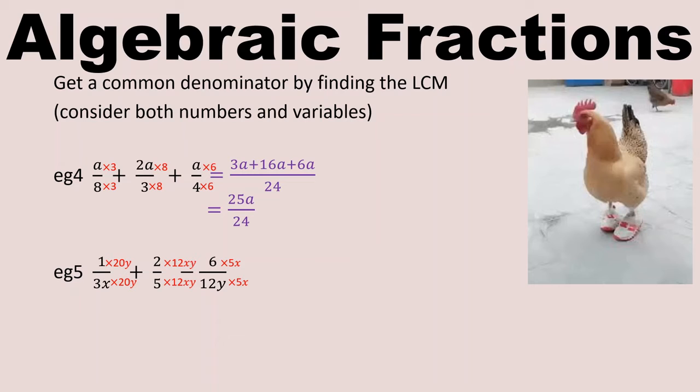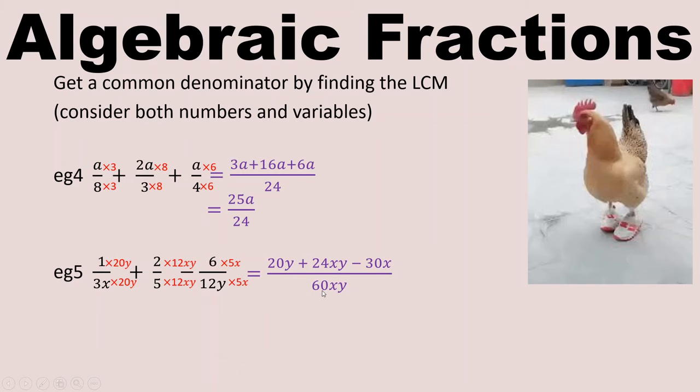And notice I'm multiplying the numerators by the same algebraic expression that I've multiplied the denominators by. So I end up with 20y plus 24xy minus 30x.